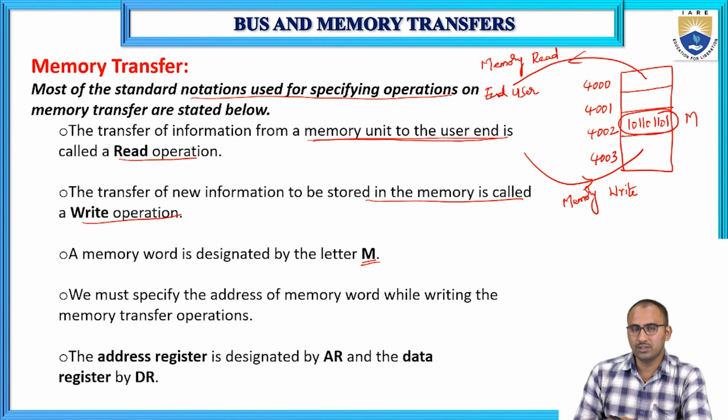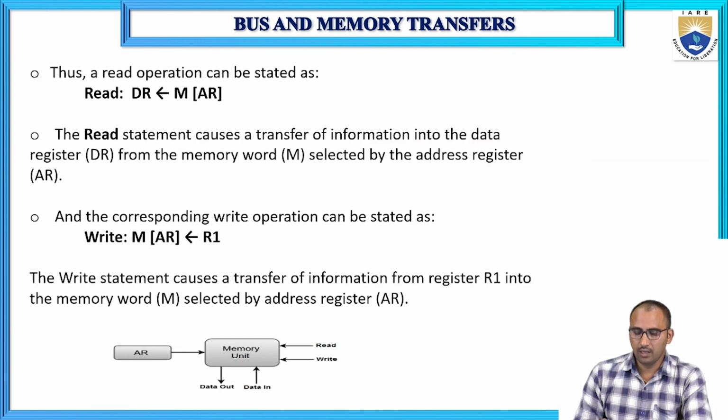To perform these two operations, we have registers: the address register, represented with AR, and the data register, represented with DR. Using these two registers, we can perform either a memory read or a memory write operation. Let's see how we can perform the memory read operation, which we write as DR ← M[AR].